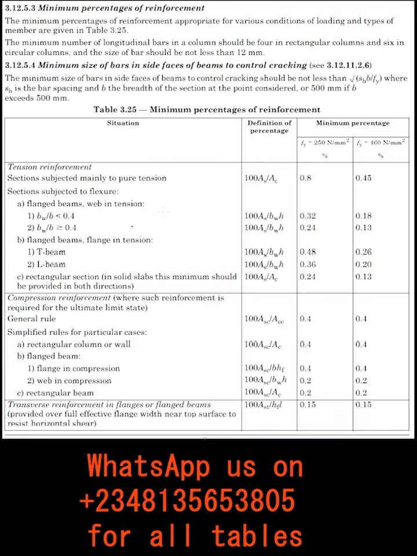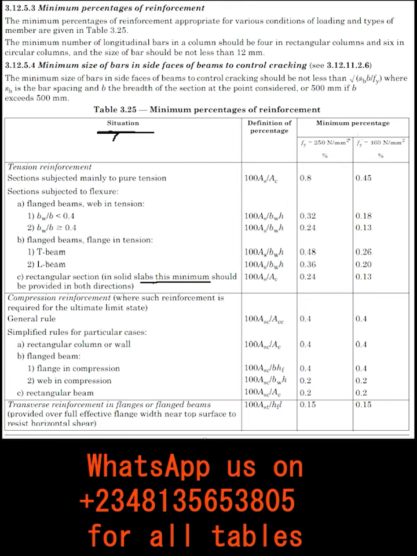To know your minimum percentage of reinforcement, you have to check from BS 8110 table 3.25. By looking at this table, like I said earlier, slab is being designed as a rectangular beam. So from the situation here, you check your rectangular section in solid slab and the minimum for solid slab.